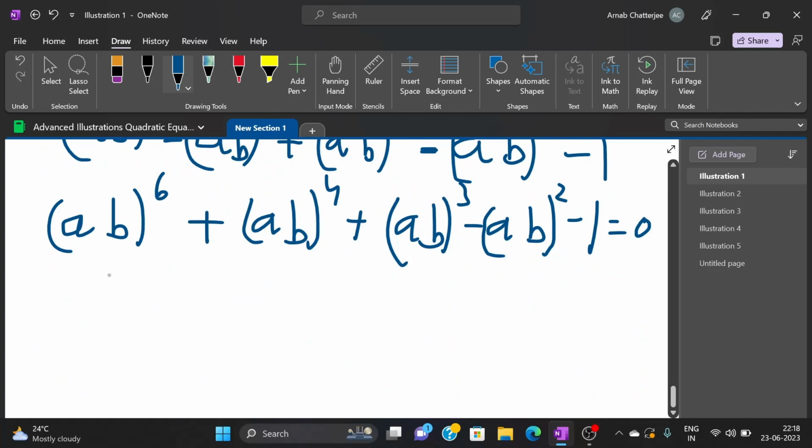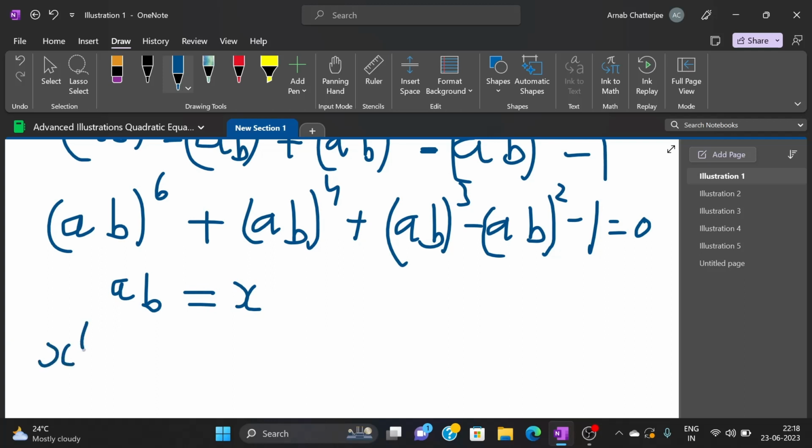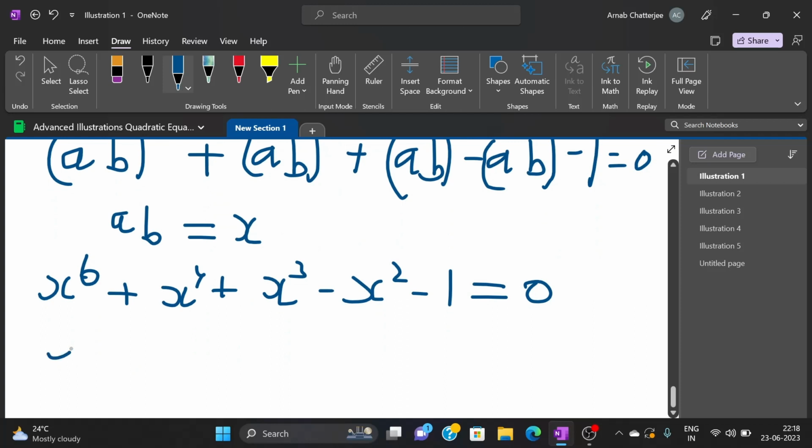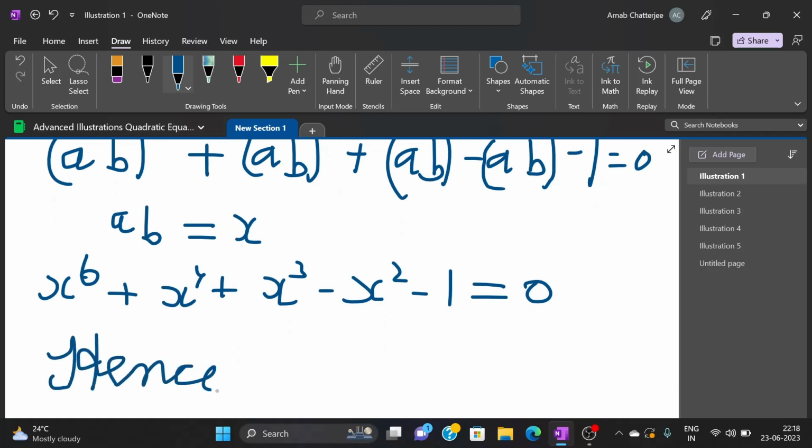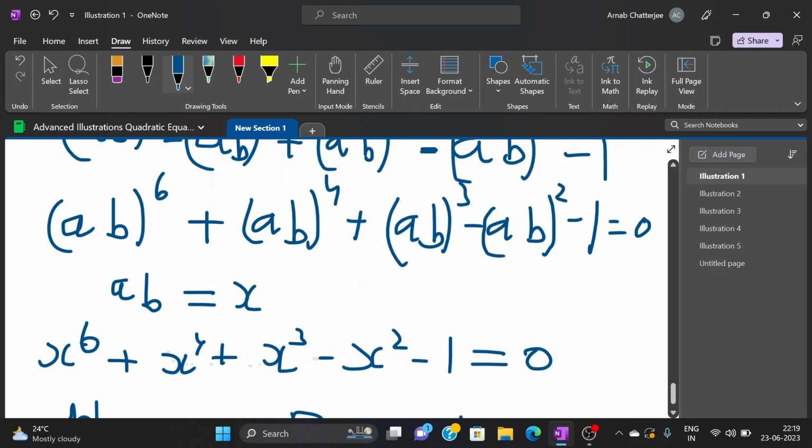So this means if I substitute AB equal to x, then I have x to the power 6 plus x to the power 4 plus x cube minus x square minus 1 equal to 0, and hence proved that x equal to AB is the root of this equation.